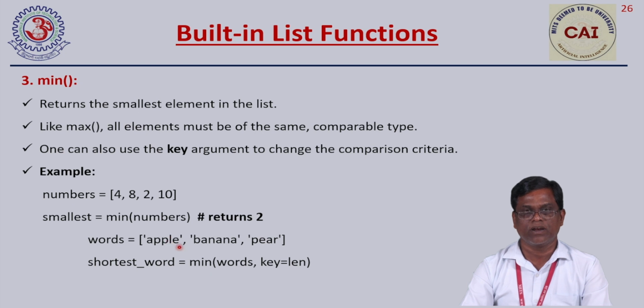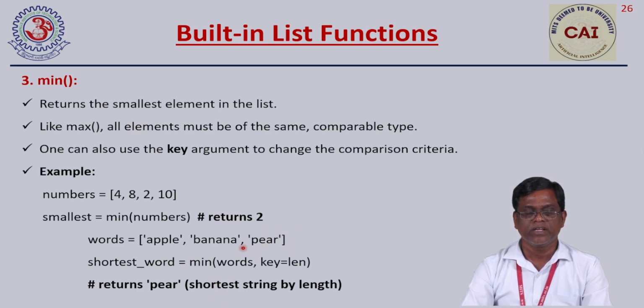From this list of strings I want to find the minimum. The comparison criteria I use is the length of the characters, so I give key equal to length. It will return the string which has the minimum length, here the length is 4, so that string will be returned as the final result.